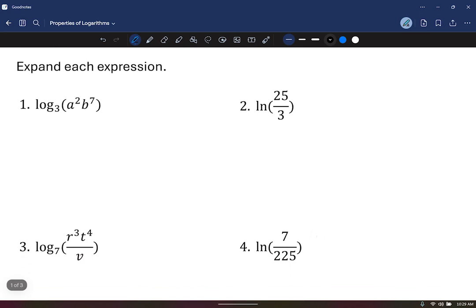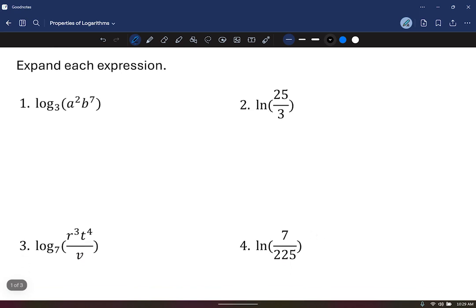So we're going to practice expanding these and condensing them. So we're either taking them apart or putting them together. All right, so I see that I'm taking the log of two things that I'm multiplying. So when I'm multiplying, I can add two logs. So we have a log with a base of 3 of the first term, and then plus a log with a base of 3 of the second term.